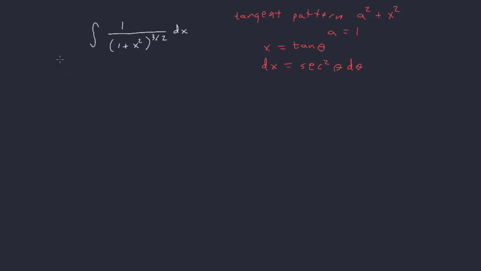Okay, so let's put that in. We'll have 1 plus tangent squared theta to the 3/2, and then our dx becomes secant squared theta d theta.